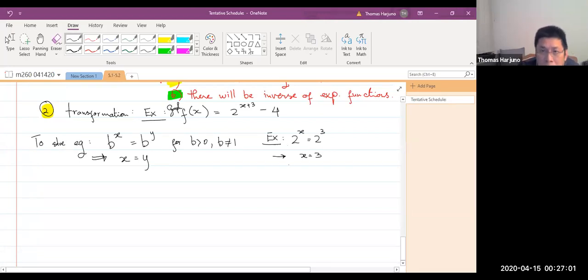Notice that we cannot say the same thing if it is not one-to-one. Let's say I have x squared equals 3 squared. x squared equals 3 squared does not imply x equals 3.